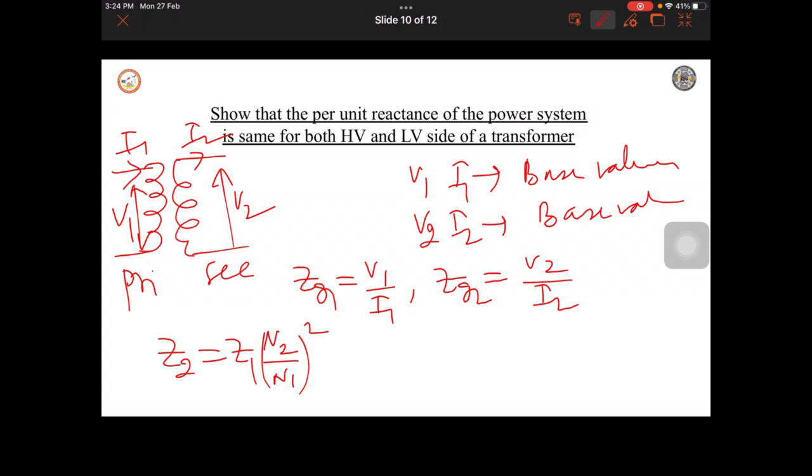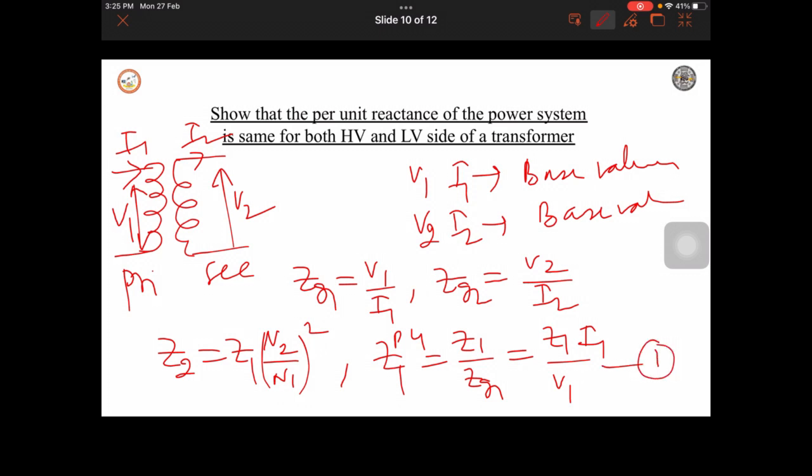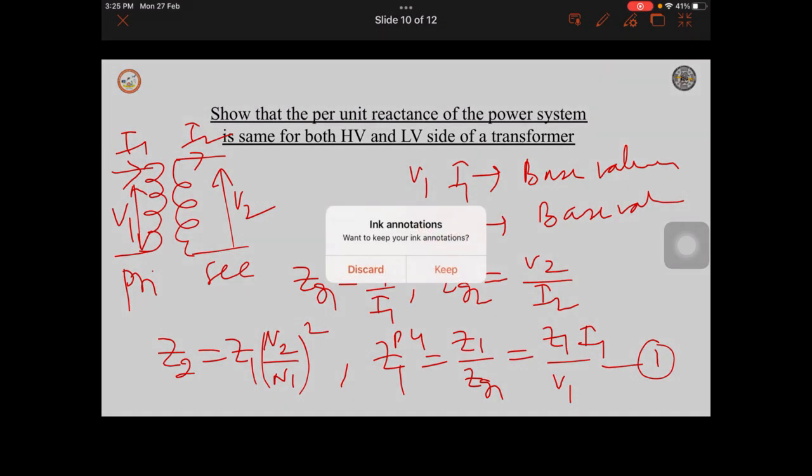By having this, we can write Z1 per unit, which means the primary side per unit value is equal to actual value divided by base value. So, the base value is known, V1 by I1. This is equation 1. Similarly, we can find Z2 per unit.